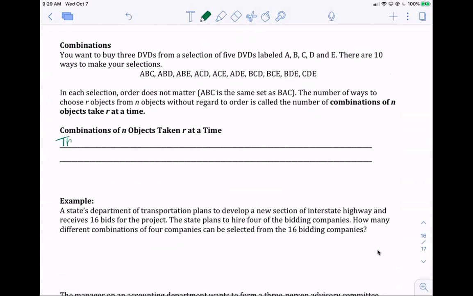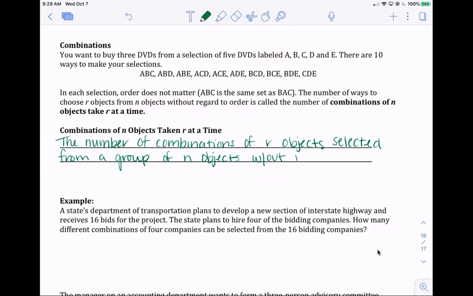So the number of combinations of r objects selected from a group of n objects without regard to order is nCr, for combination, which is n factorial divided by n minus r factorial, the same thing we had for permutation.